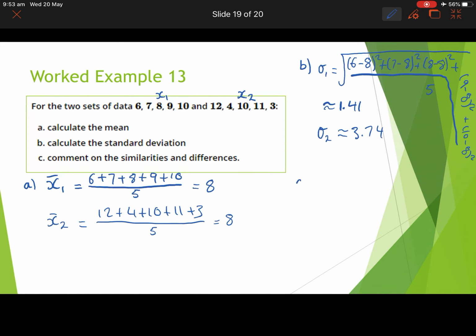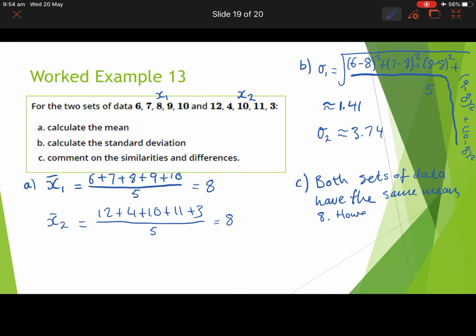So that's A and B done. C says comment on the similarities and differences. For this one, your first sentence would be: for both sets of data, the mean was the same, 8. So both sets of data have the same mean, 8.